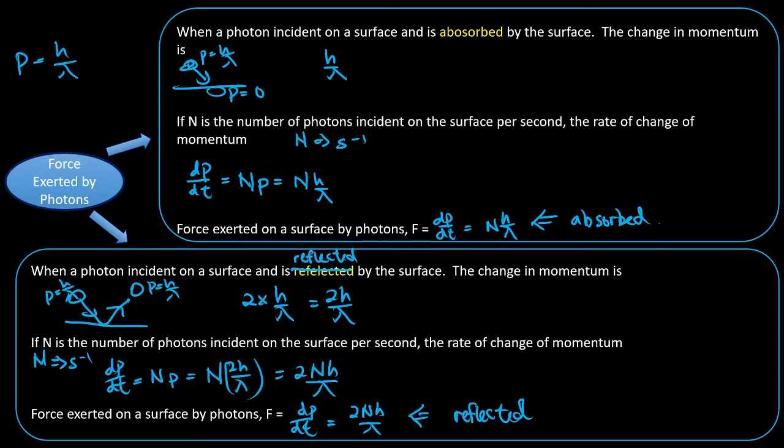Okay, so next, what is the power of a light source in terms of photon energy? We know that a light source emits a lot of photons in a second. P is equal to E per t. Power is the rate of change of energy. Now let N be the number of photons per second.